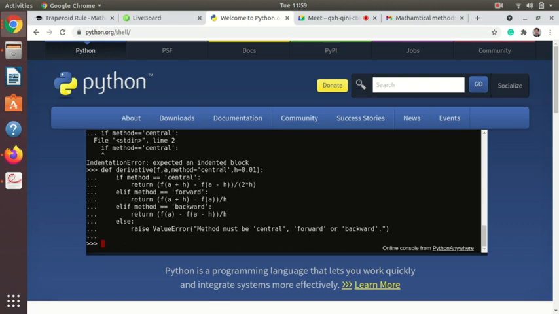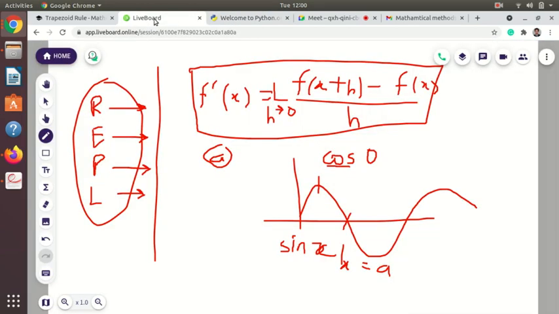Okay, so I will again tell you what the program is. It is defining derivative, in which if the method is central, then it returns f of a plus h minus f of a minus h, divided by 2h. I will quickly explain. You know this is the forward method formula. Suppose this is point a; we are not using x, we are using a.